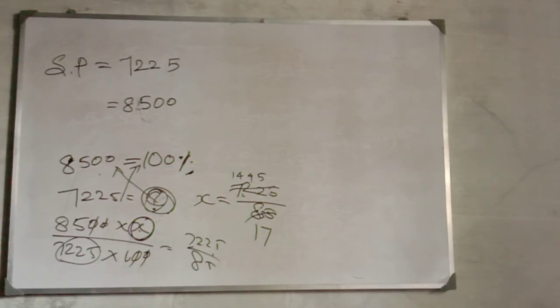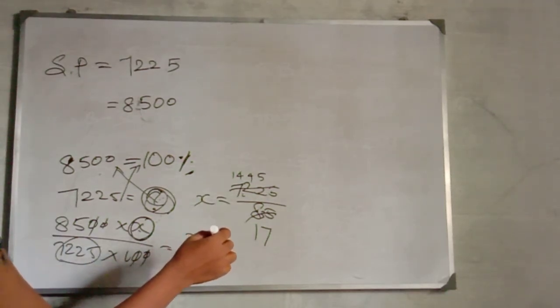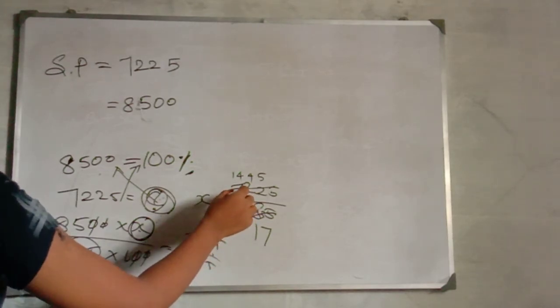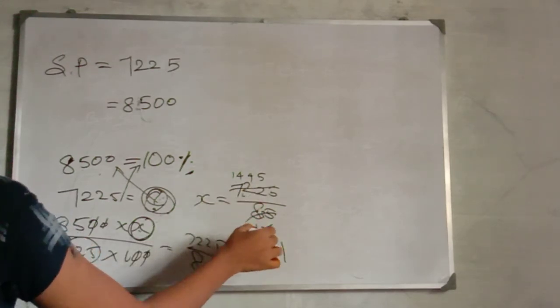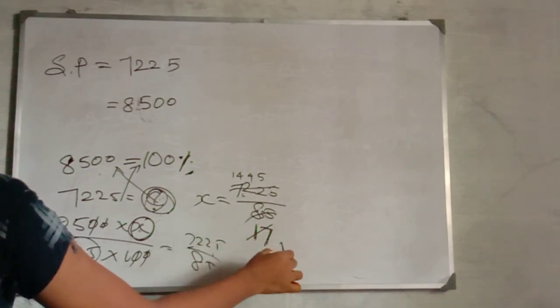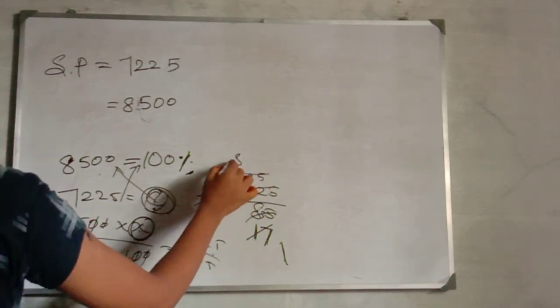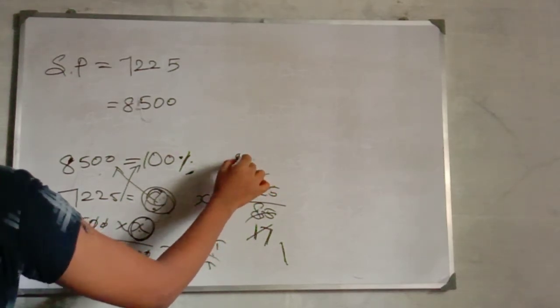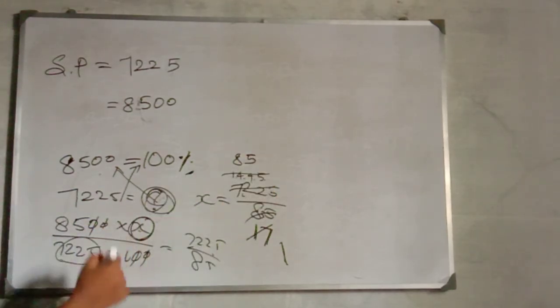Then 17 into 5 is 85. So the answer will be 85. So x will be 85.